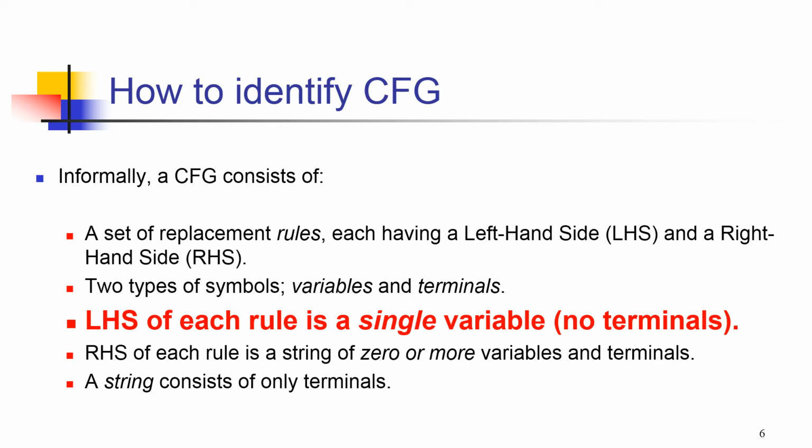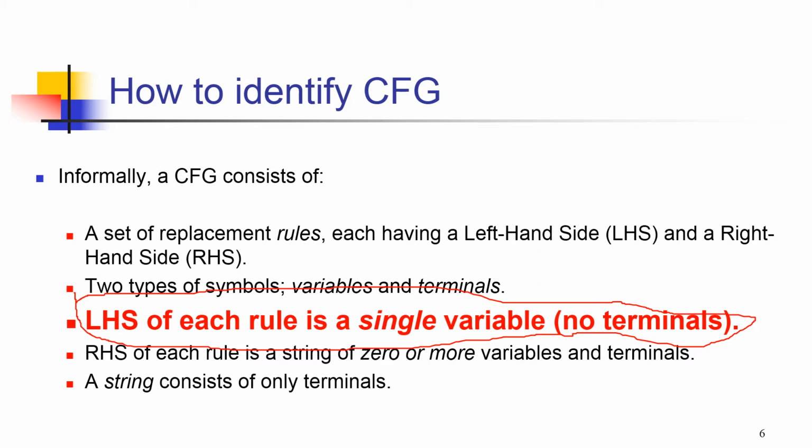For that, there is one major thing through which I can identify, and that I have highlighted here, that says that the left hand side of each rule is a single variable.